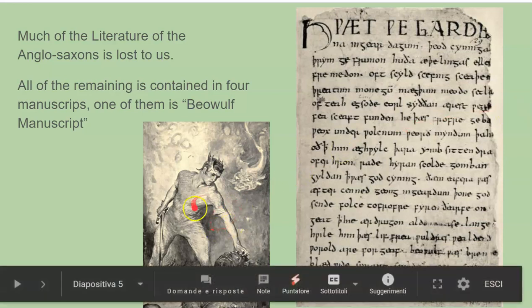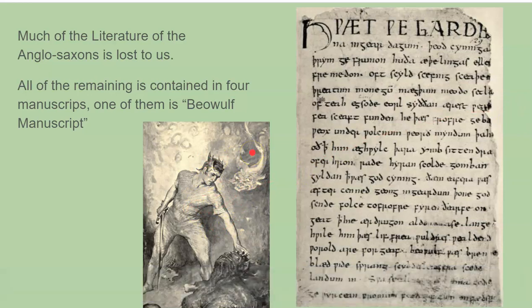This is one of the representations of Beowulf. It is not a recent representation. And what is more interesting is this page. This is an original page, and as you can see, it is extremely different and quite difficult to understand the language and the Runic alphabet they used at that time.